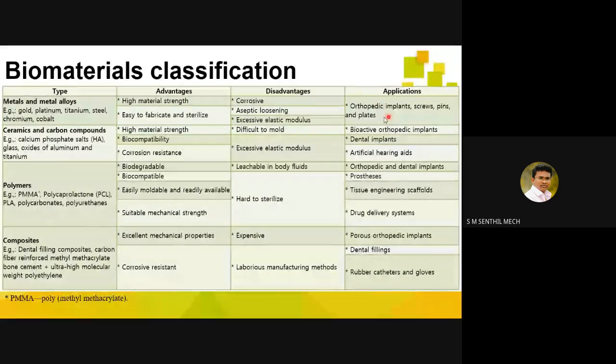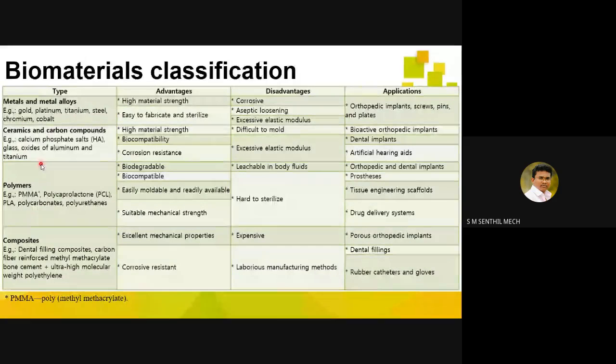All the orthopedic implants can be made using platinum, titanium, steel, chromium, cobalt. Usually they use steel, but steel has very high strength but also a high weight, so it is very difficult. So these metals are now being replaced by ceramics.